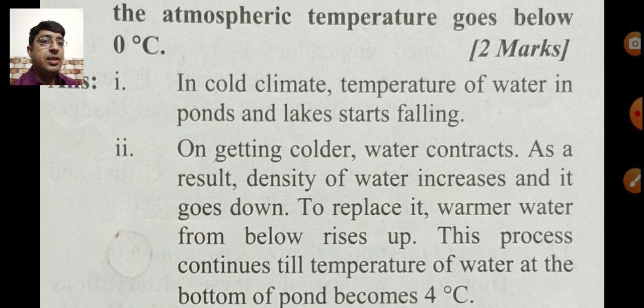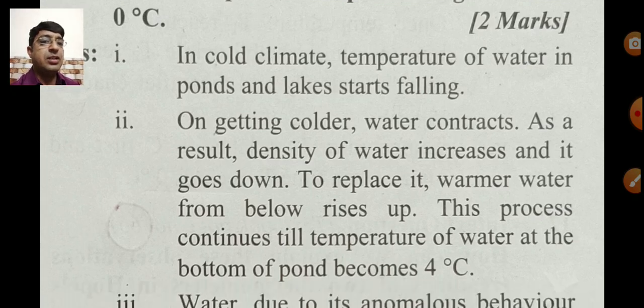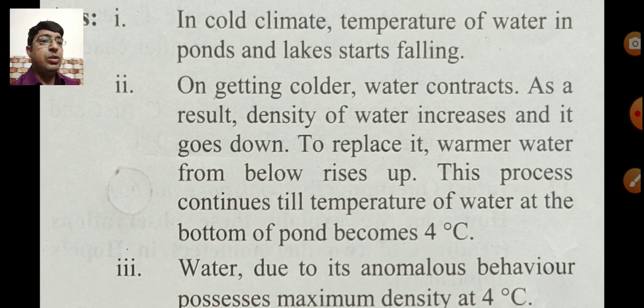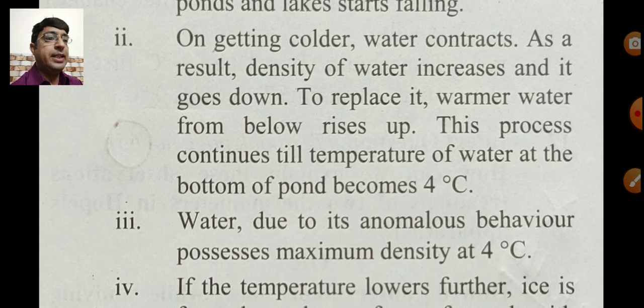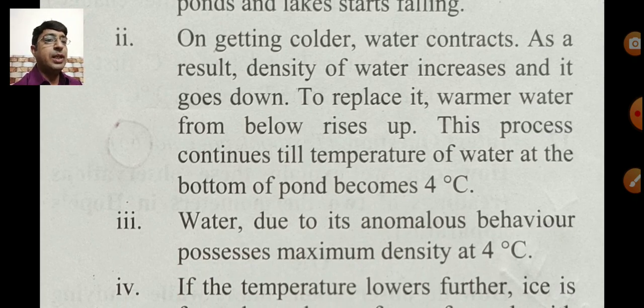So see the answer. In a cold climate, the temperature of water in ponds and lakes starts falling. On getting colder, water contracts. As a result, the density of water increases and it goes down. To replace it, warmer water from below rises up.